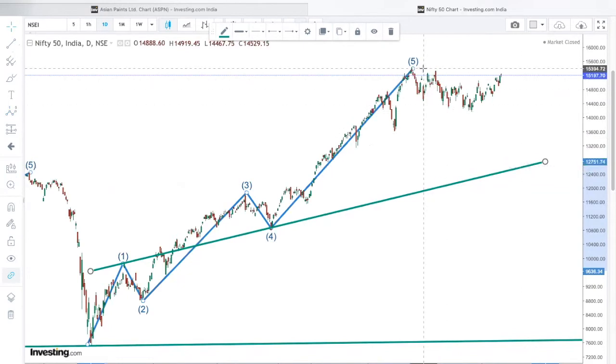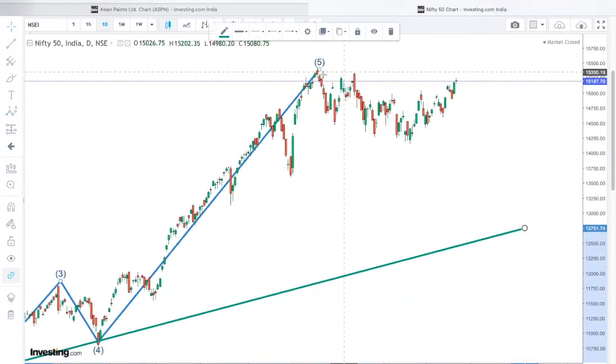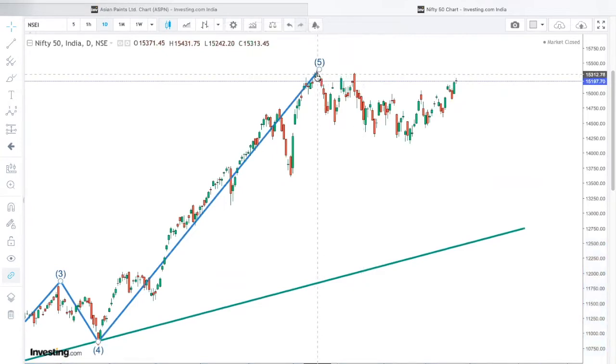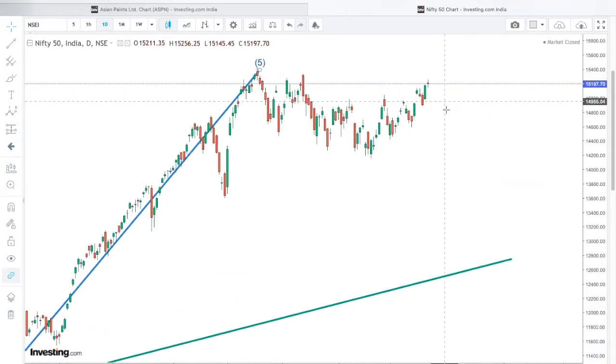See, crossing this Lakshman Rekha, that Lakshman Rekha number also I tell you, it is 15,432. Very, very, very strong resistance, I can say. Who knows, it can go up to that level and it can reverse also, right?